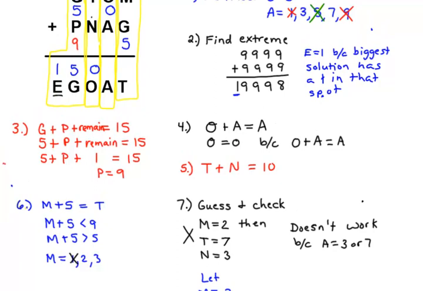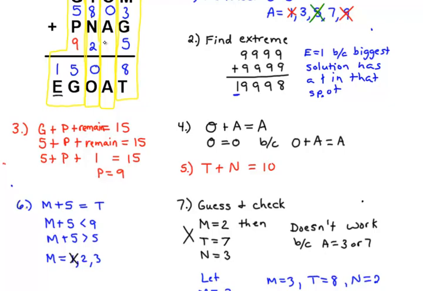Let me rewrite it so that we can see it. M equals 3. So if m equals 3, then t will equal 8. Okay, if t equals 8, then n will equal 2.